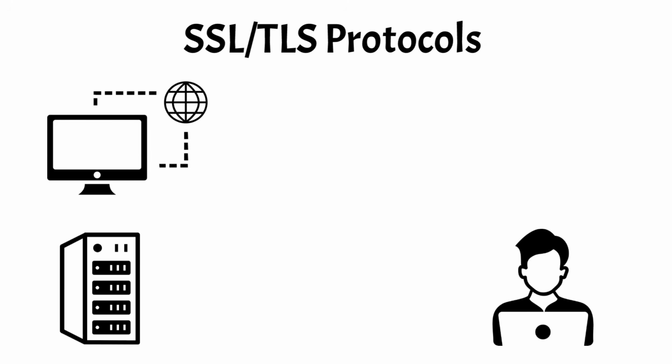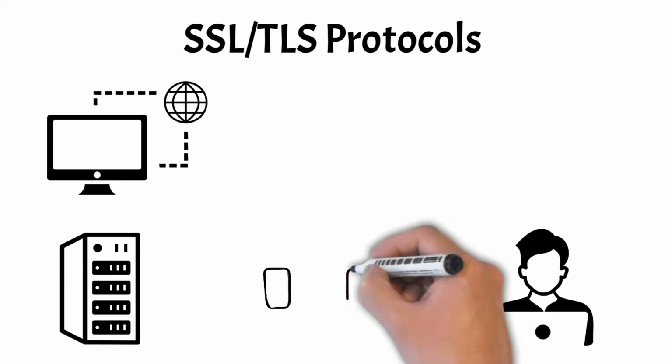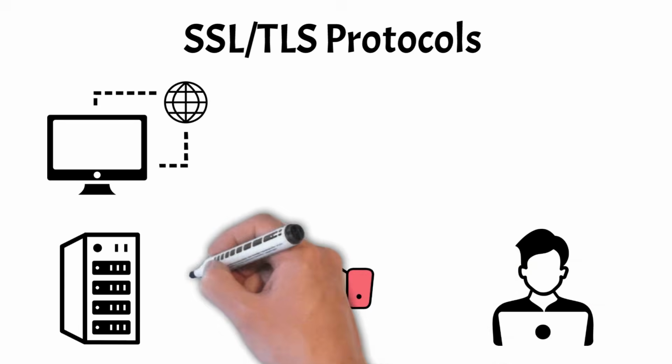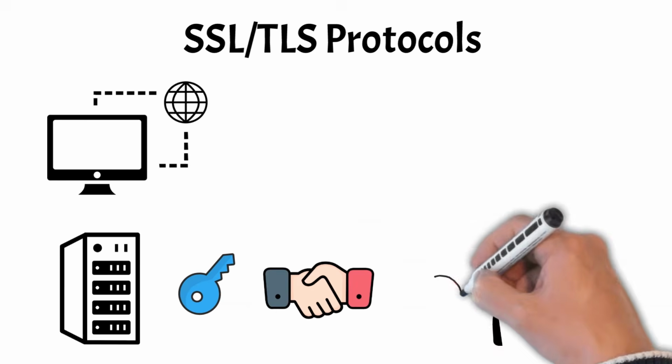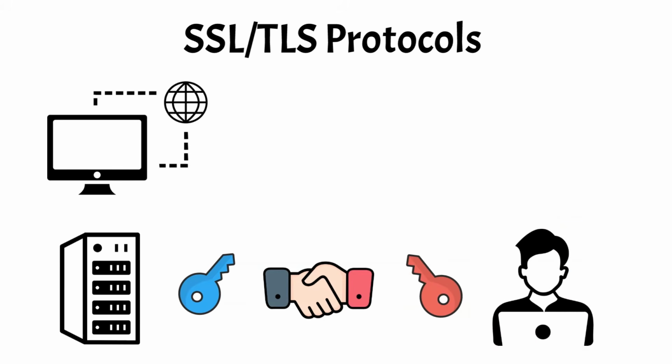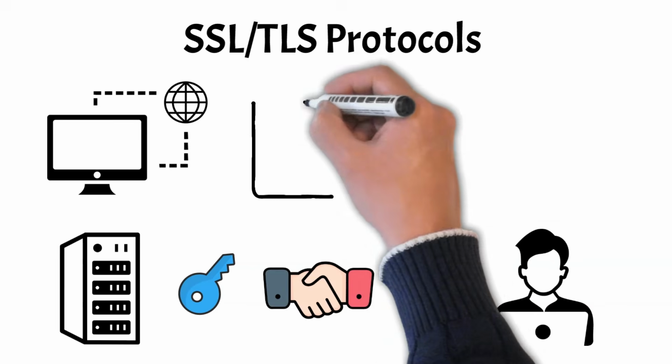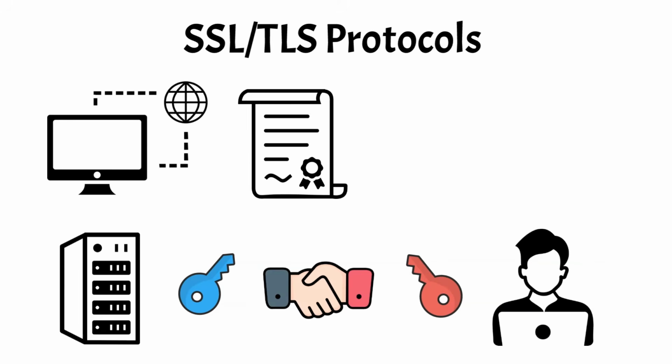SSL/TLS work by encrypting the data exchanged, making it unreadable to anyone who intercepts it. The process begins with a handshake, where the server and client exchange cryptographic keys and establish a secure session. This handshake involves the use of digital certificates issued by certificate authorities, CAs, to verify the server's identity.